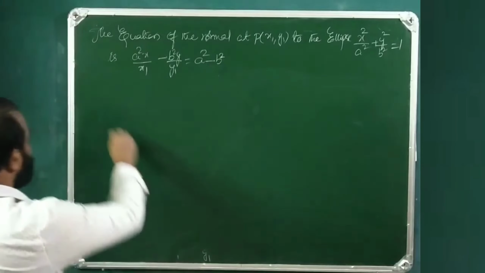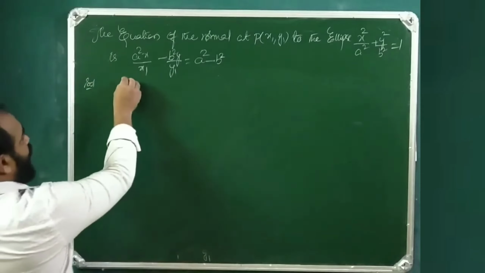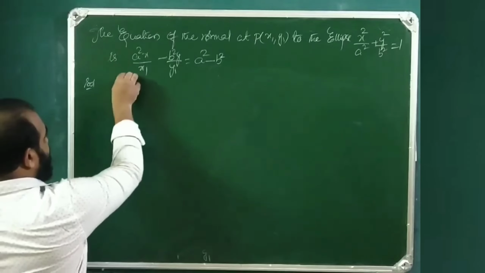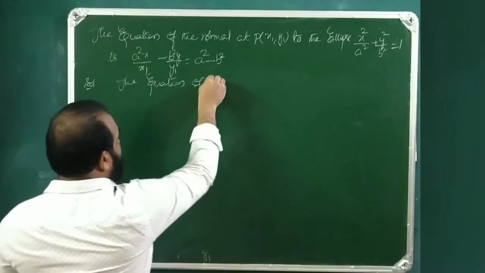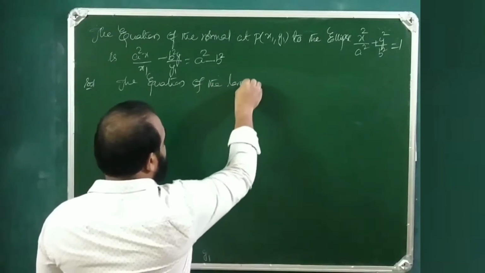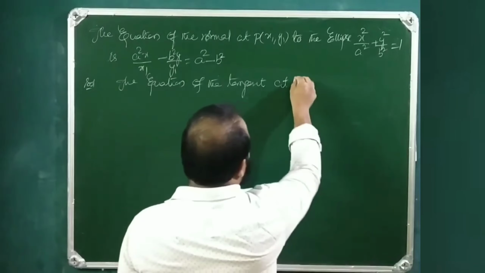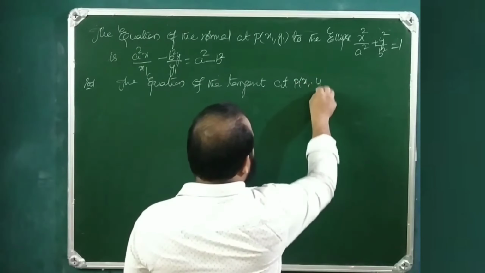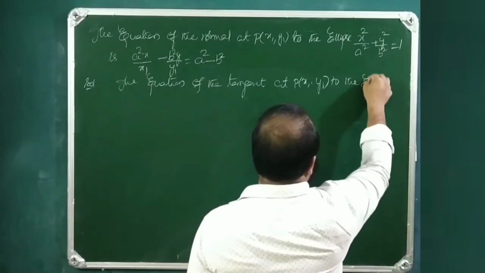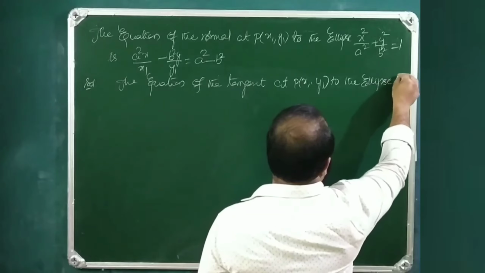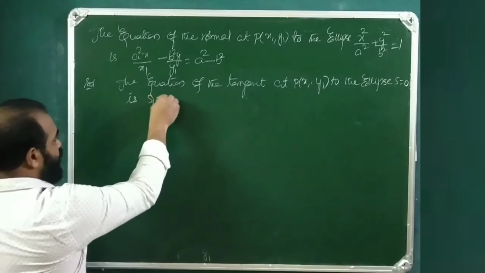So first of all, the equation of the tangent at P(x1, y1) to the ellipse S equals 0 is S1 equals 0.